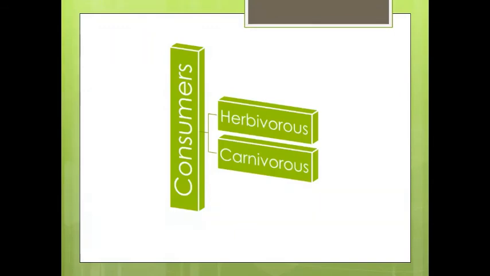Herbivorous means the animals or living organisms which depend on herbs or plants, like rabbits, like humans, like chickens, sheep. Carnivorous are the living organisms that feed on meat, like the human eats meat, like a snake feeds on a mouse, like a lion feeds on a deer.